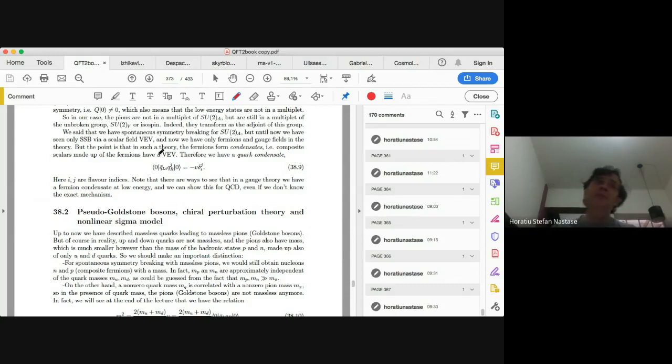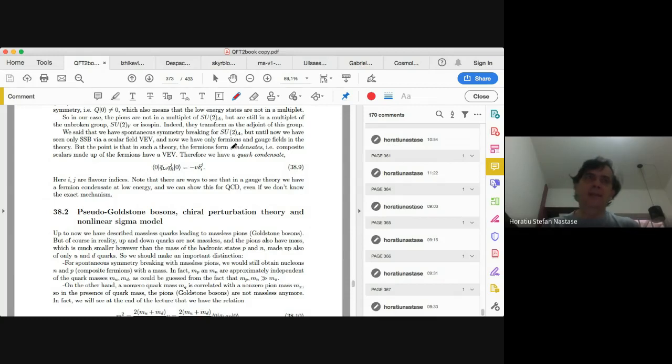So what happens instead is that you have Lorentz invariant condensates, which means bosonic condensates. A bosonic field can have a condensate, meaning a non-zero field, which is a condensation of bosonic particles.